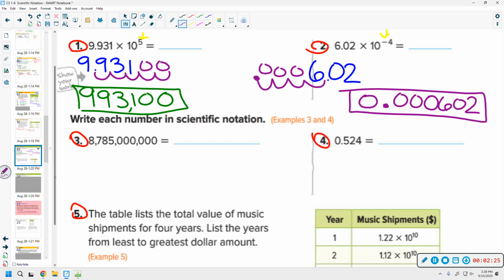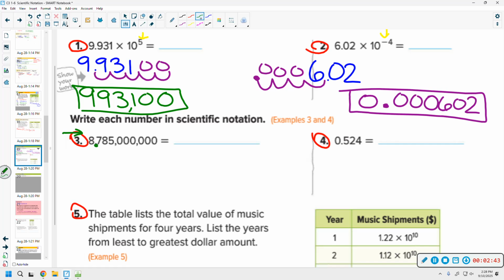So, the next one says, write each number in scientific notation. On this one, you put your decimal point after the first non-zero. So if I'm looking this way, anybody, what's my first non-zero? 8.